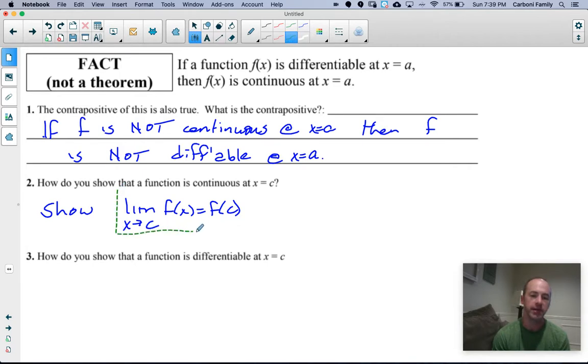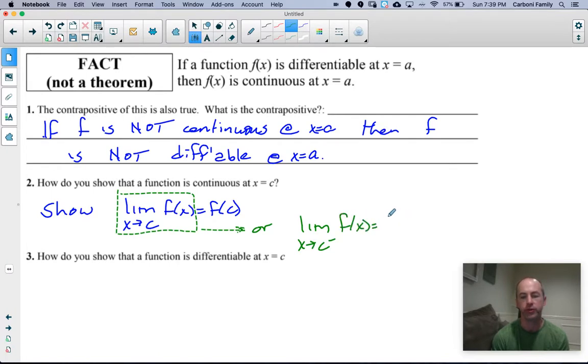Sometimes, based on how the problem is presented, to show that the limit as x approaches c exists, you have to show that the limit as x approaches c from the left is equal to the limit as x approaches c from the right. And then you would have to show that both of those are equal to f of c. Sometimes you're lucky and you can just do both sides of c in one swoop, but sometimes you have to do two separate sides from the left and the right.